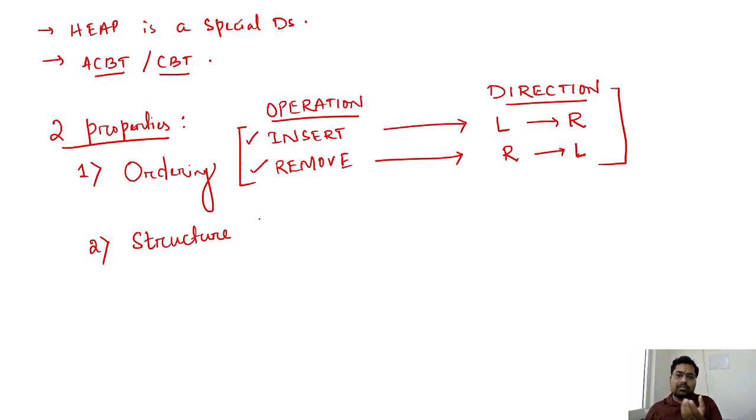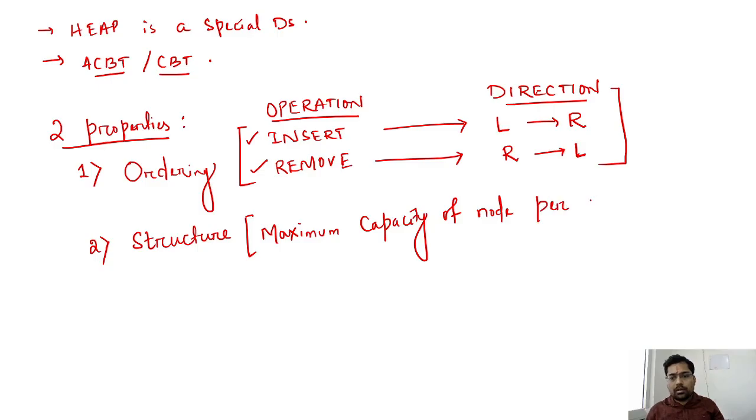For the structure, whenever we are creating the capacity, the maximum capacity of nodes per level is 2 to the power level.